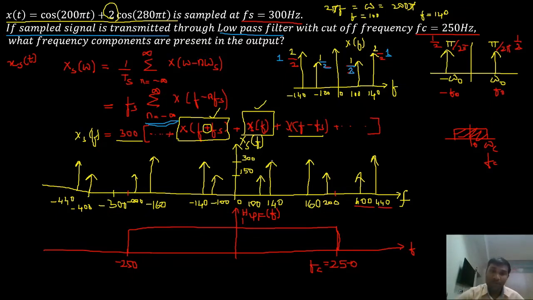If I send this signal through my low pass filter, only the frequencies less than 250 will be present in the output. So what are the frequencies in the output?